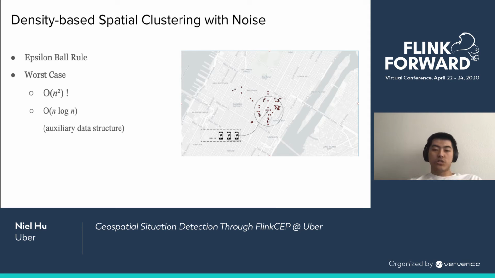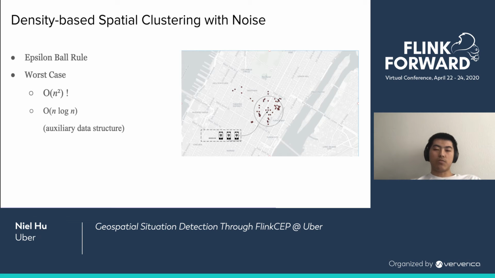So we choose the simplest version of density-based clustering, which is called DBSCAN, density-based spatial clustering of applications with noise. It's pretty straightforward. Think about you have points of the world on the map, and the clustering procedure begins with you randomly selecting one of the points and drawing a ball with a certain radius. That radius is called epsilon. It is a parameter of the algorithm.